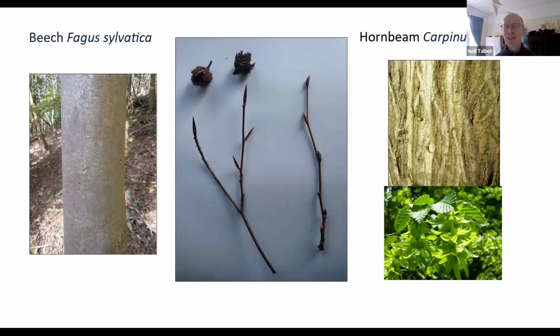I can't remember how they describe it now, but it's a very grooved pattern. I love hornbeam. It's one of my favourite trees actually, and I love the way the bark patterns develop.